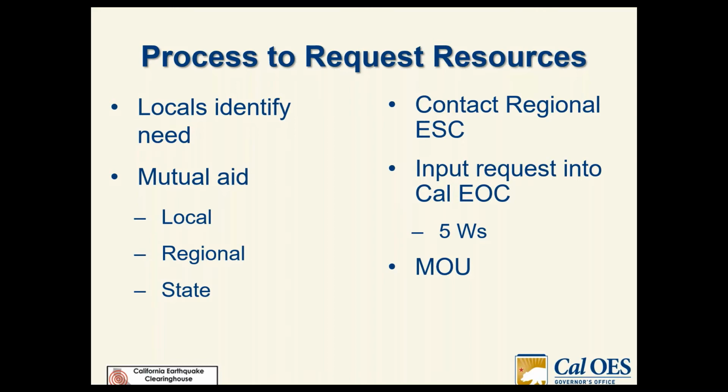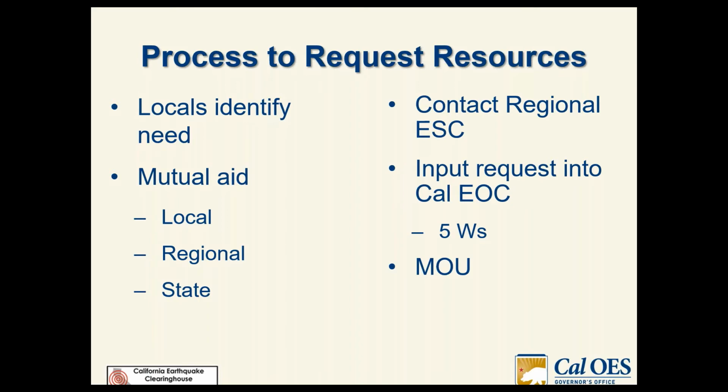As I mentioned earlier, we have a coordinator course that we offer, and in that course, we go through some arithmetic on how to determine how many safety assessment evaluators would be needed in a disaster. Once the locals have determined the number of evaluators that they need, they then look to mutual aid.